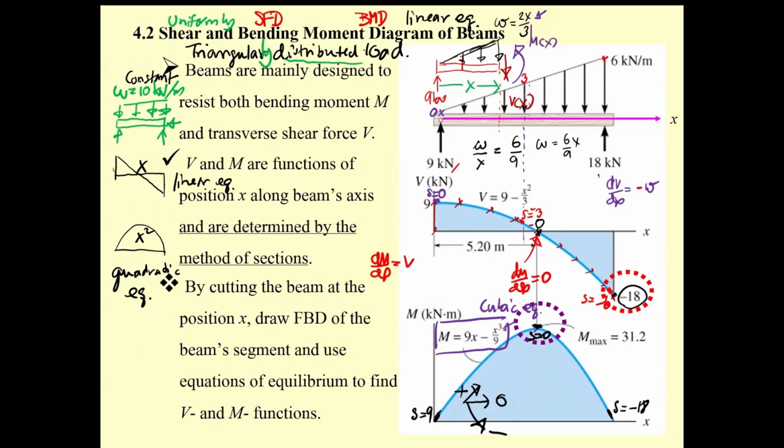Now, in conclusion for the problem, okay, when you get to the shear force, the order of the equation goes up. When you get the moment, the first one is going to be up one degree. And then you get the negative moment, which is going to go up one more degree. This is going to be curved more than this one.